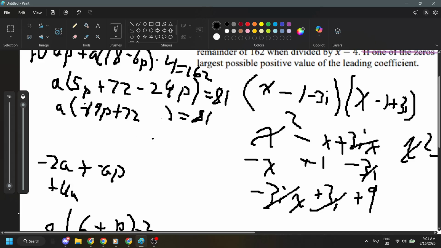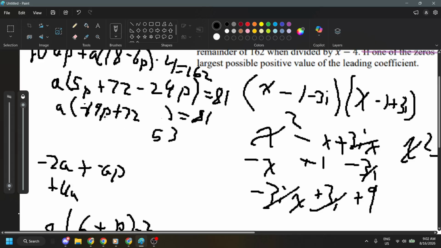Interesting thing here, these two both still don't share a factor, which means we can't factor anything out. But, okay, let's try. So when p is 1, we get 72 minus 19, which is going to be 13. Not anything. What the heck? That's not what that is. 72 minus 19 is going to be 53.